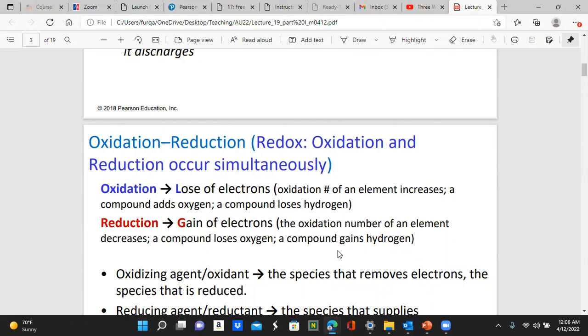And as I've already told you, the oxidation and reduction are happening simultaneously. If the electrons are being lost, definitely they are being accepted by other species. So if you have two reactants in a chemical reaction, one is losing electrons, the other reactant is gaining electrons, and they're going to go on the product side. That's what you can see: where the oxidation is happening on the reactant and where the reduction is happening on the reactant.